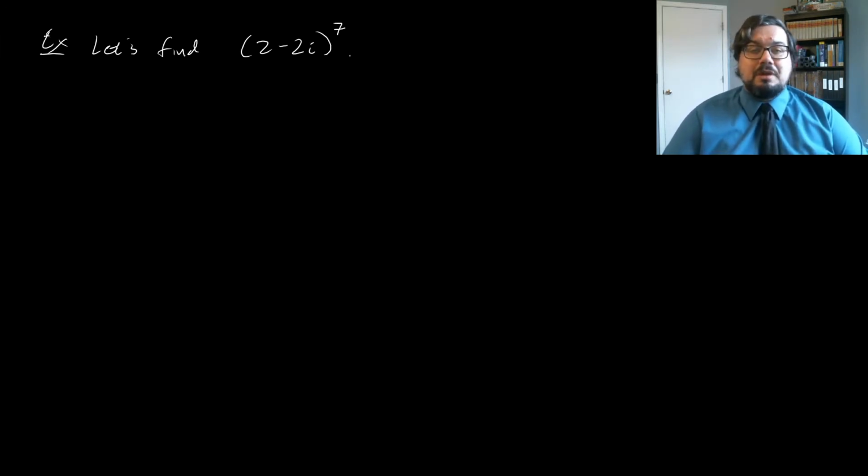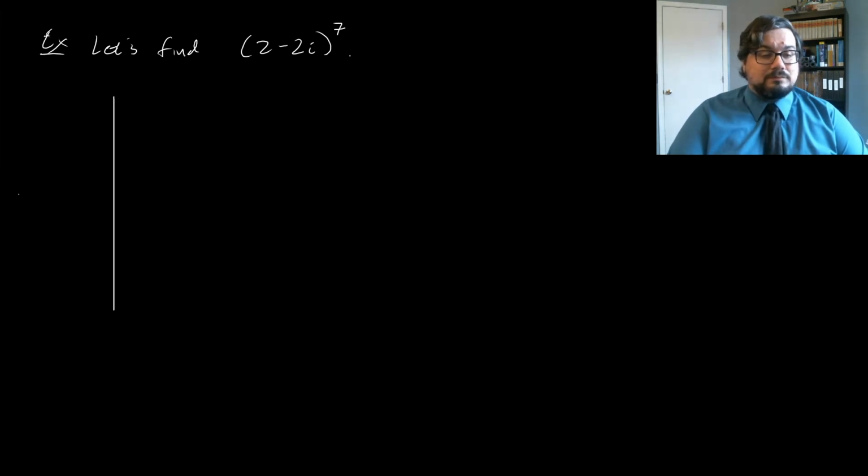So once again, let's find 2 minus 2i raised to the 7th. The first step is to express our complex number in trigonometric form. So the easiest way to do this is typically to graph it.